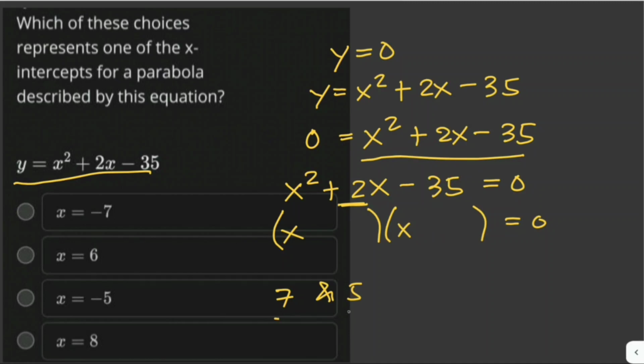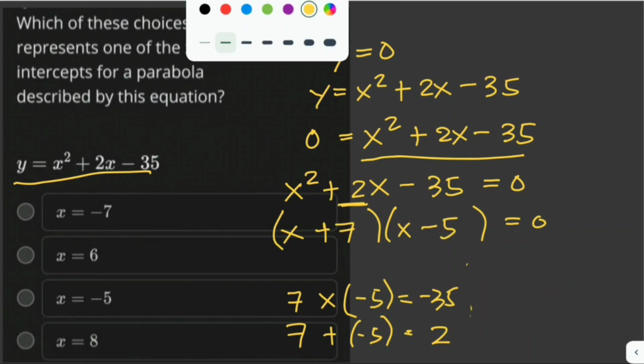And the larger of these factors is 7. So 7 should be positive. So our factors would be 7 and negative 5. Because when we multiply them, 7 times negative 5 is equal to negative 35. And 7 plus negative 5 is equal to positive 2.